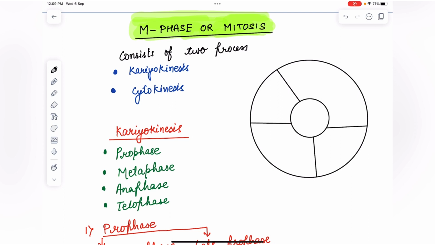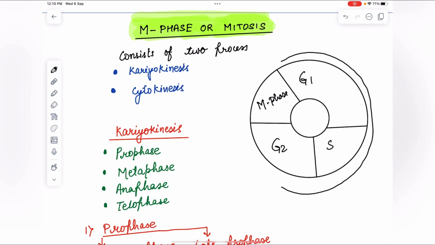This is the G1 phase, S phase, G2 phase, and this is the M phase, or the mitotic phase. From G1 to G2 is called the interphase. It is called the preparatory phase because it helps in cell division.